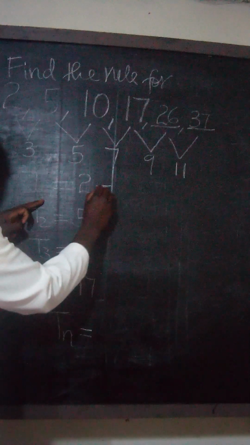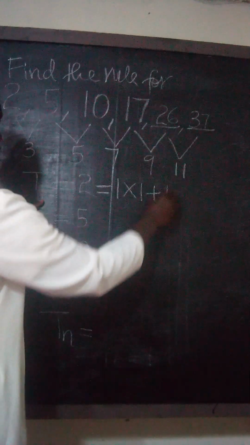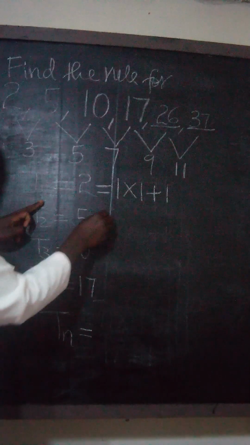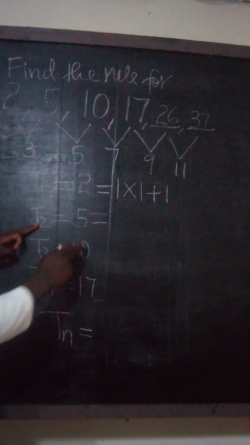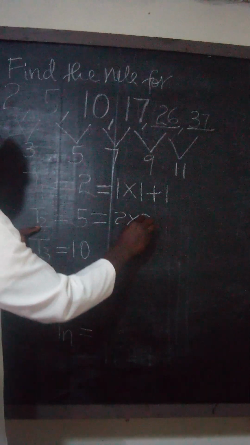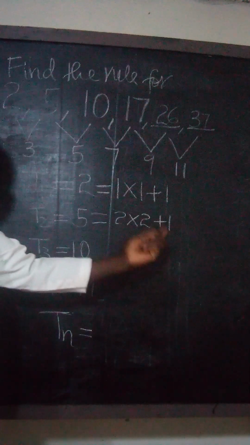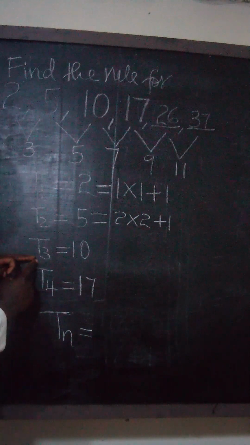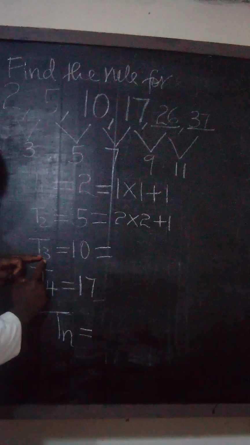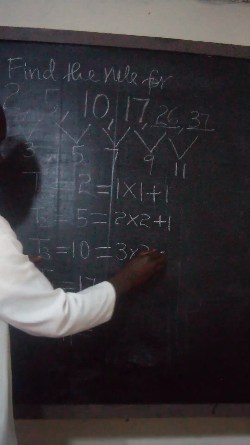So 2 can be written as 1 times 1 plus 1. 1 times 1 is 1, plus 1 is 2. The second term, which is 5, can be written in terms of 2 as 2 times 2 plus 1. 2 times 2 is 4, plus 1 is 5. The third term, which is 10, can be written in terms of 3 as 3 times 3, which is 9, and we add 1.